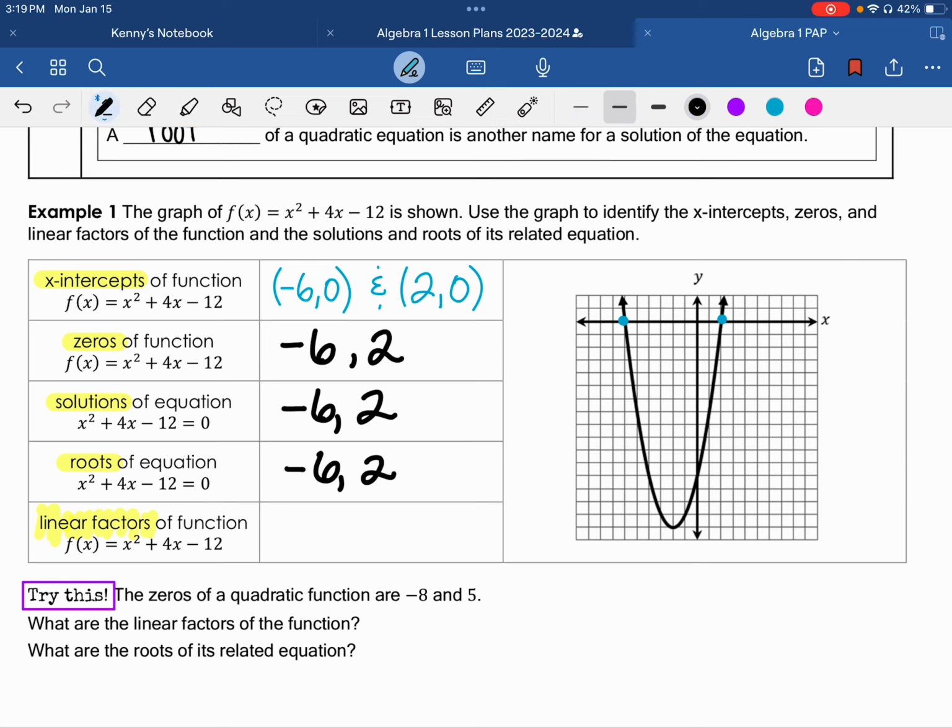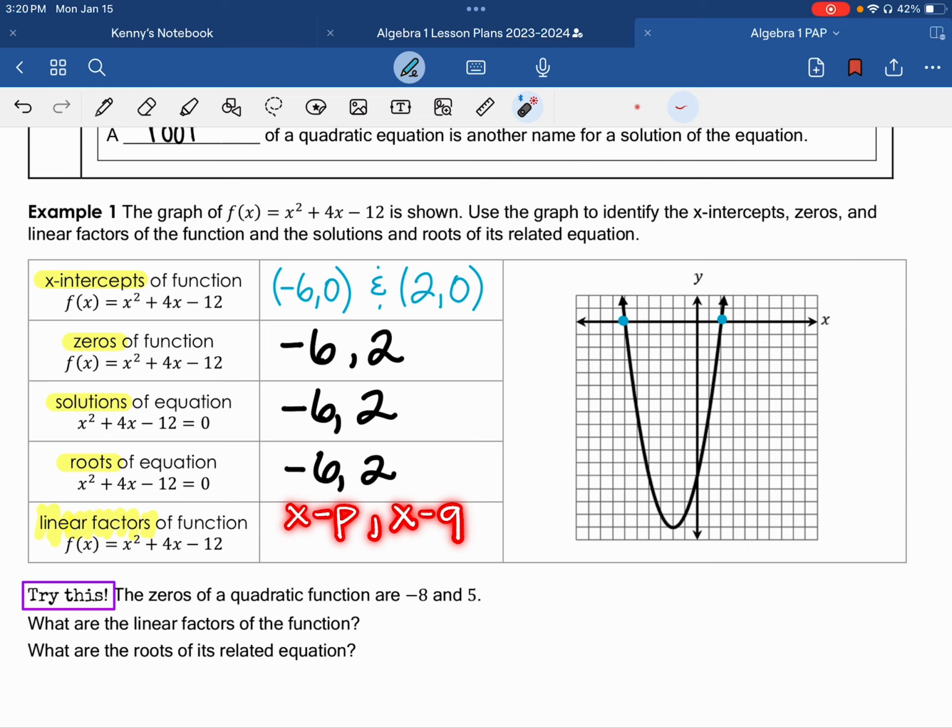I am going to use the -6 and I am going to use the +2 to get my linear factors. However, when I do my linear factors, I need to take the form of x minus one factor, x minus the other factor. So I'm going to use the form x minus one of my factors, and you'll see in the next example that we call it p, and then x minus my second factor, and you'll see in the next example that we call it q.